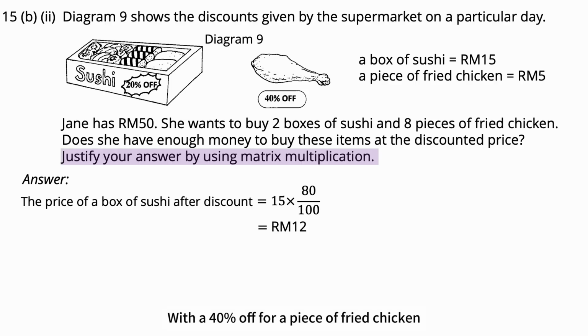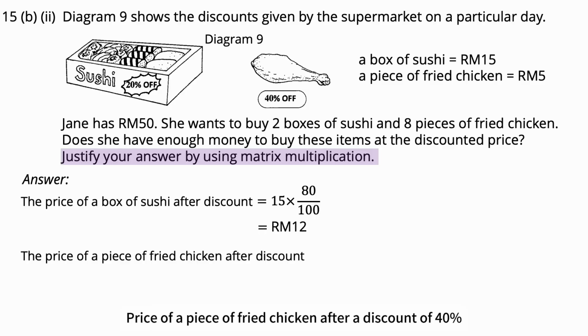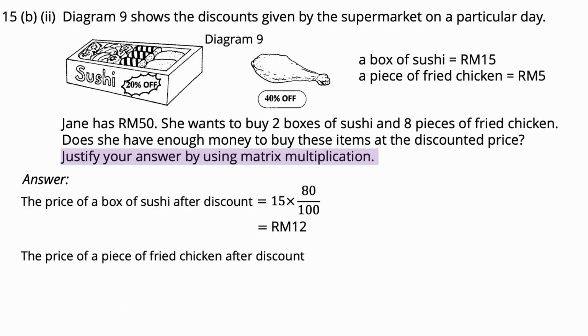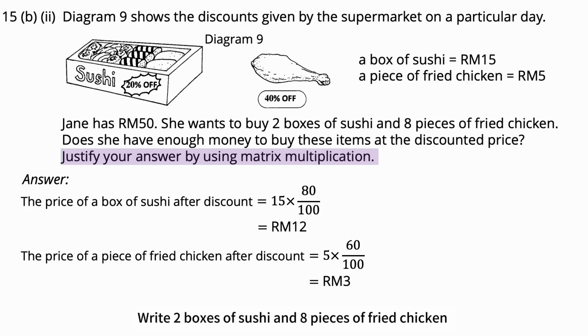With a 40% off for a piece of fried chicken, 60% of the price remains payable. The price of a piece of fried chicken after a discount of 40% equals 5 times 60%. That's 3 ringgit Malaysia. By using matrix multiplication, write 2 boxes of sushi and 8 pieces of fried chicken as a row matrix, 2, 8.